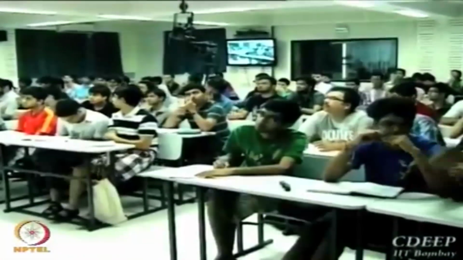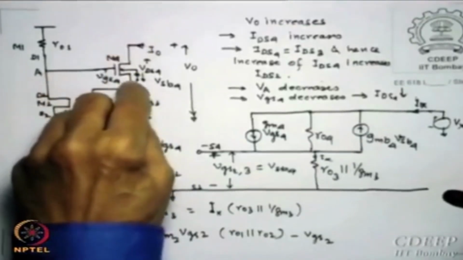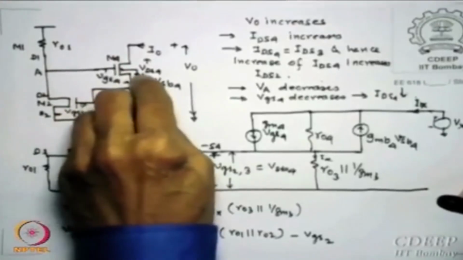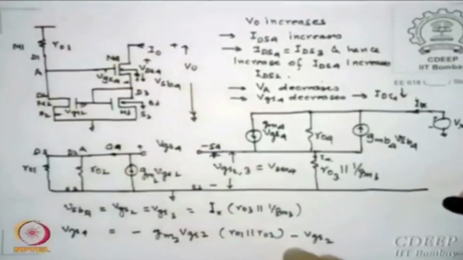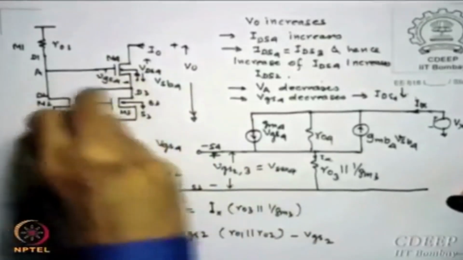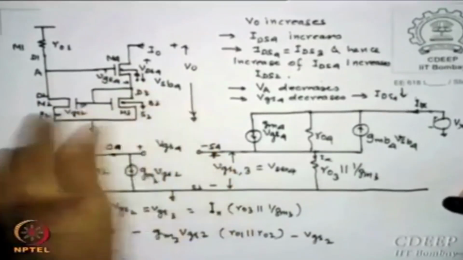VSB4 is between the source, because please remember there is a drop here which is the source voltage for D4, M4. Since the substrate is grounded, there is a VSB4, is that correct? But I know this VSB4 is the same, because this is the same terminal source here, must be the same as this and this.